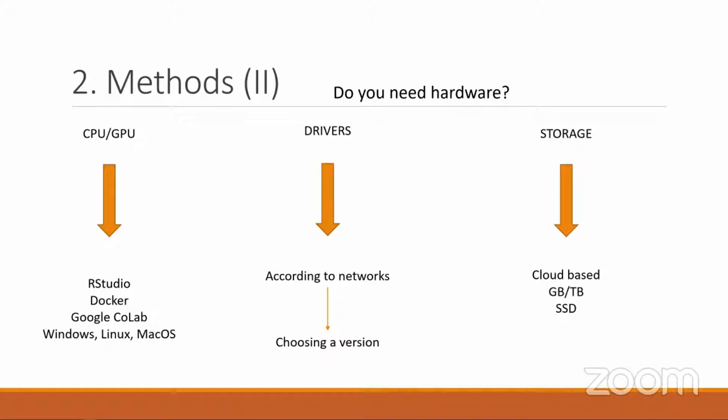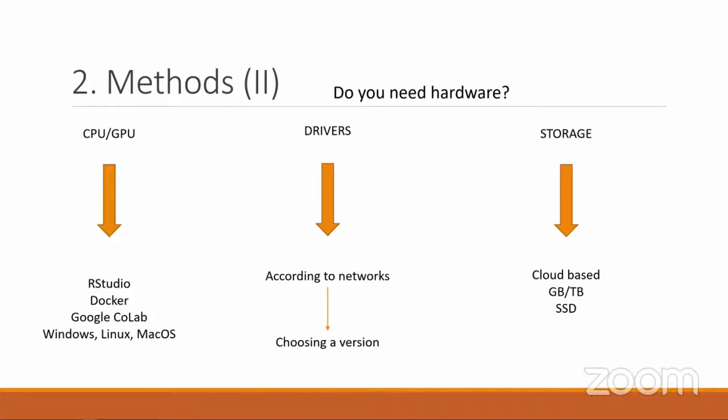But if we are talking about a high load of images that are really heavy and our model requires a lot of processing, we might need a GPU in that case. Of course, there are many online platforms that provide this, so you don't really need to have a GPU at your place or at your house or your working place. And there are also many operating systems that we can use.